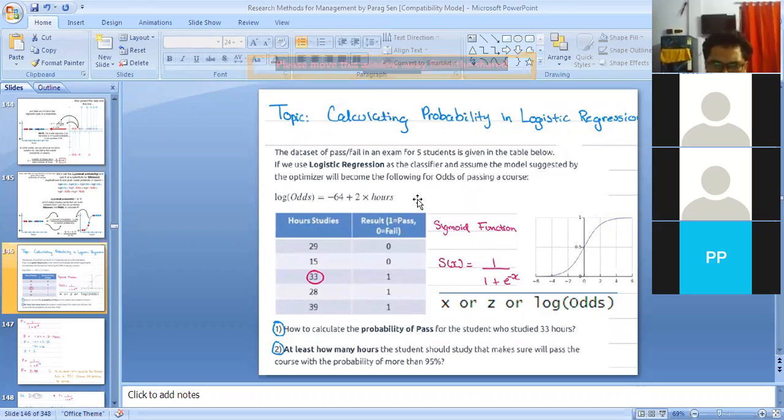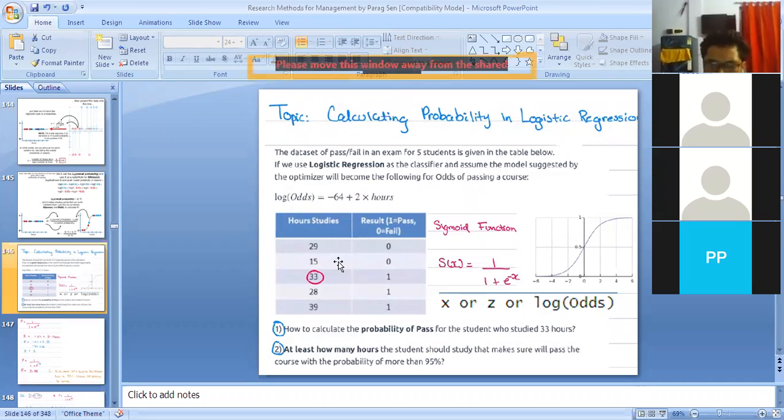So if you put this kind of data and apply logistic regression, automatically you will be getting this kind of equation, which will be generated by the software automatically. From that you can also calculate, for a particular value, what the probability will be.